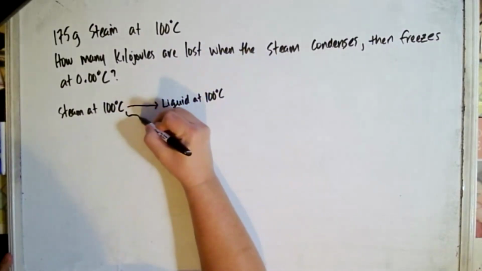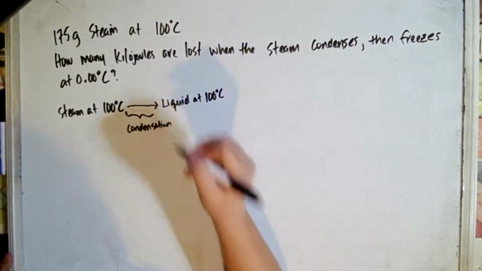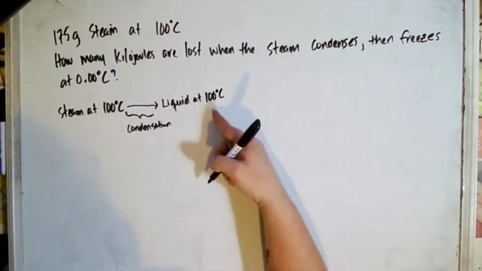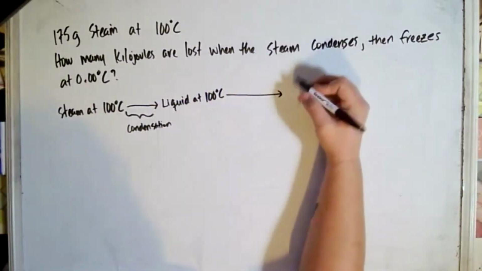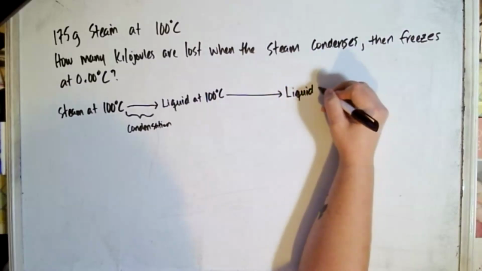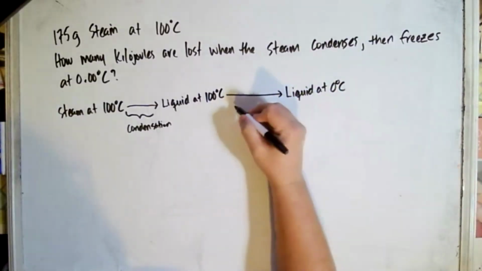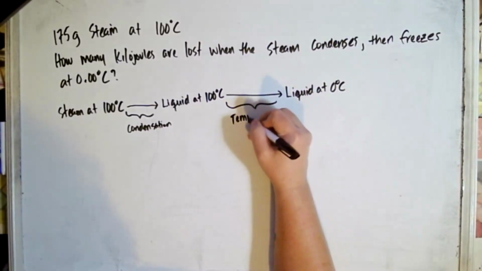So the first thing that's going to happen is condensation, which is a state change. The second thing that's going to happen is that my liquid at 100 degrees Celsius is going to keep losing heat and become liquid with a temperature of 0 degrees Celsius. So this part is going to be a temperature change.